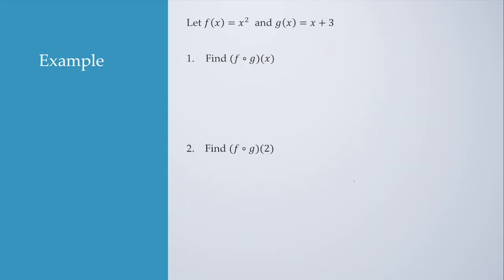Next, I want to find f composed with g of x when f of x is x squared and g of x is x plus 3. So this means I'm going to substitute x plus 3 in for x in x squared. That's going to give me x plus 3 squared, which we got to FOIL out.